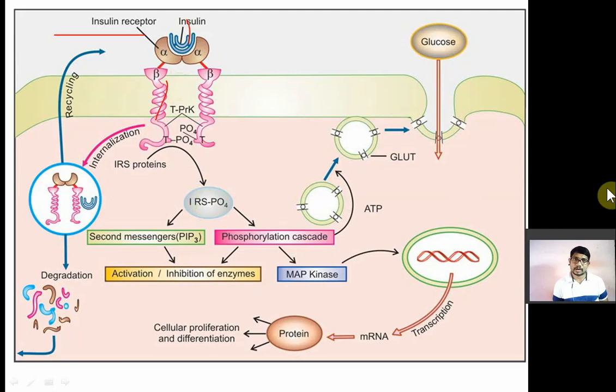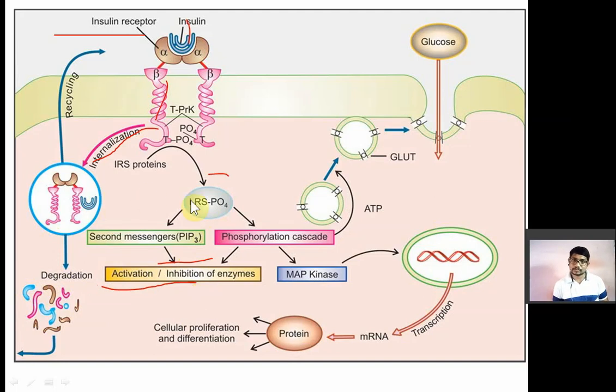After phosphorylation there is internalization of this protein, which causes a series of phosphorylation and dephosphorylation. There is also generation of secondary messengers, for example phosphatidylinositol 3, which causes activation or inactivation of enzymes responsible for the metabolism of carbohydrate. So secondary messengers will also be generated, and they will do activation and deactivation.